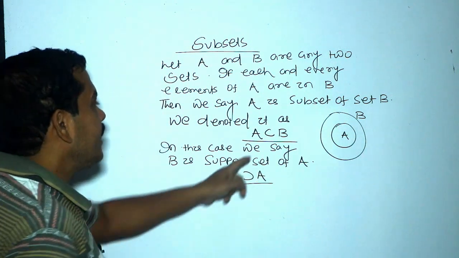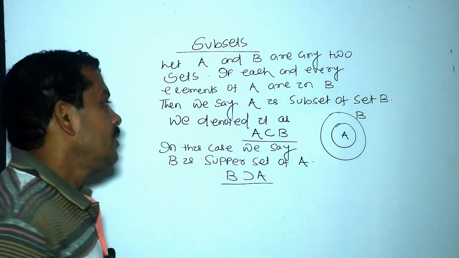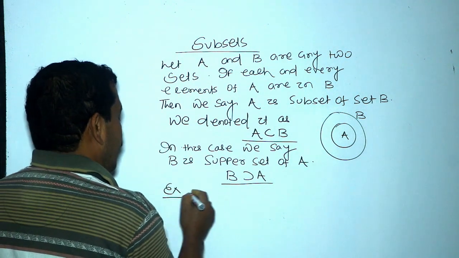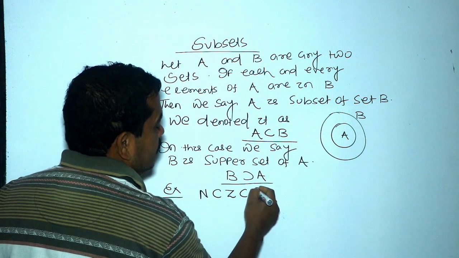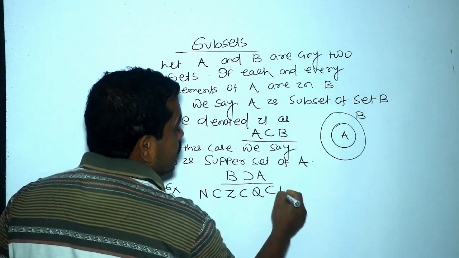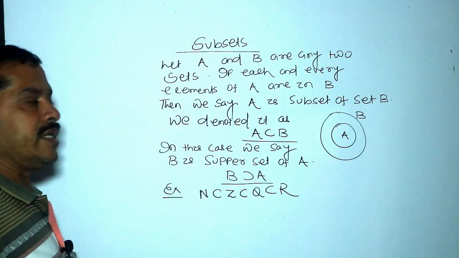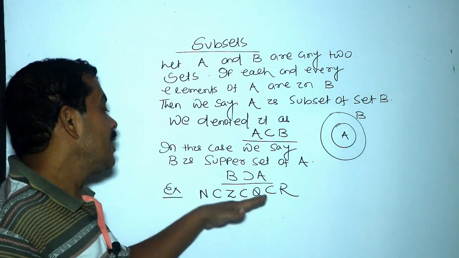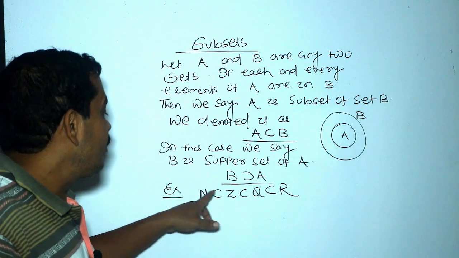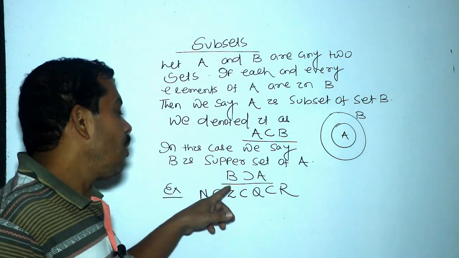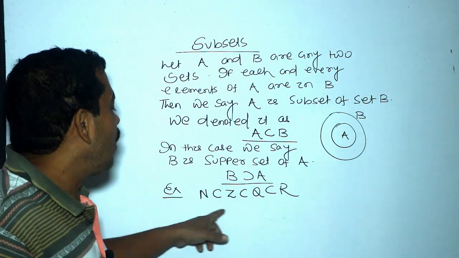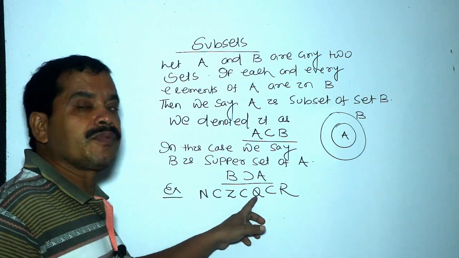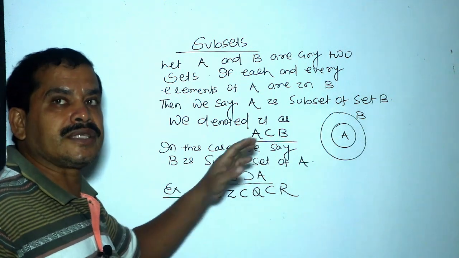This is superset, this is subset. For example, N set is a subset of Z set, Z set is a subset of Q set, Q set is a subset of R set. All the natural numbers are in Z set, all the integers are in Q set, and all elements of Q set are also in R set.